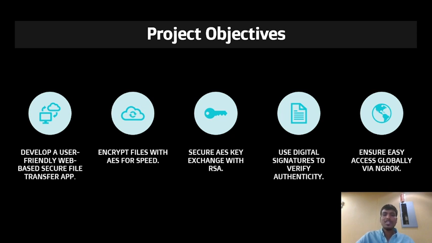The system is designed to be easy to use even for people with limited technical knowledge, and it allows users to register, log in, upload files, and verify the files they receive with minimal steps. We also ensure the integrity of the file by using a digital signature. Each file is signed with the sender's key, ensuring that it hasn't been tampered with during transmission, and the receiver can verify the signature using the sender's public key.